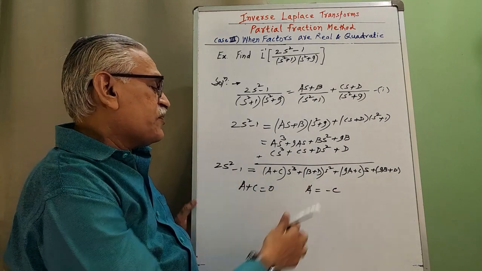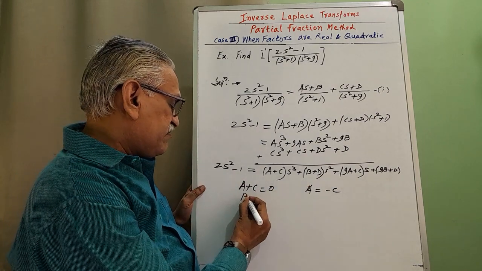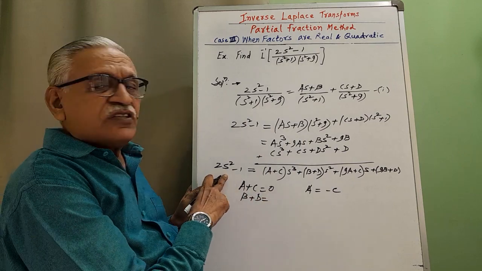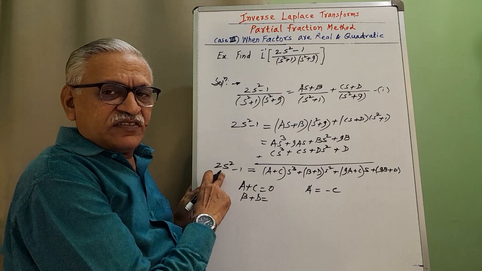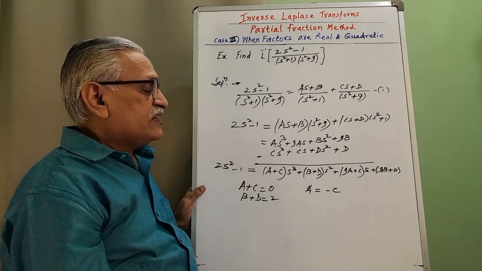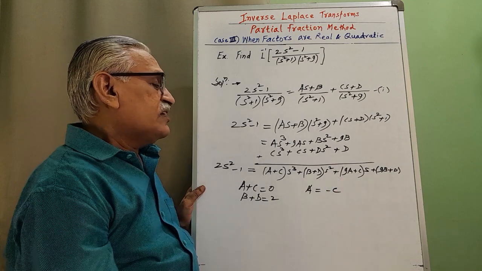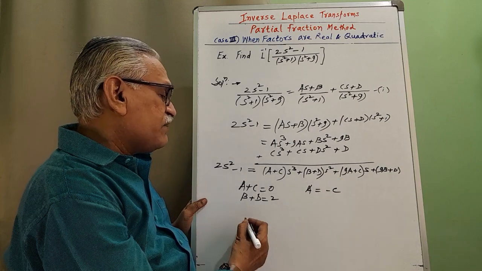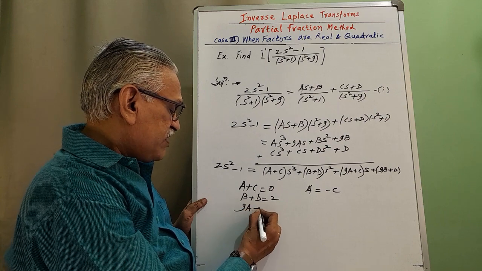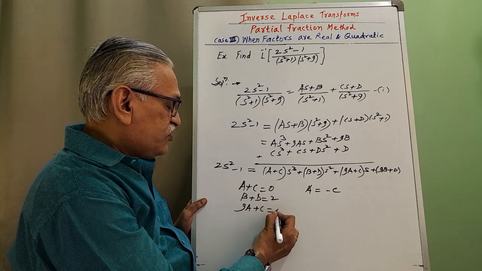Then the coefficient of s² is B + D, which equals the coefficient of s² on the left hand side, which is 2. Then the coefficient of s is 9A + C, and 9A + C equals 0, as there is no term of s.